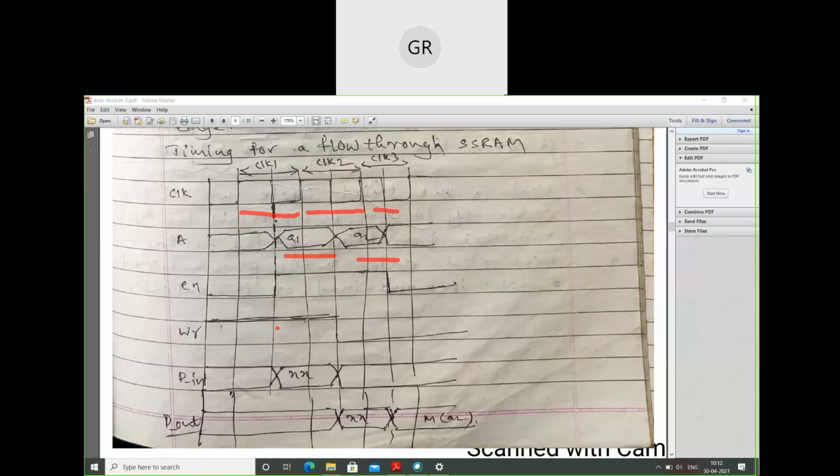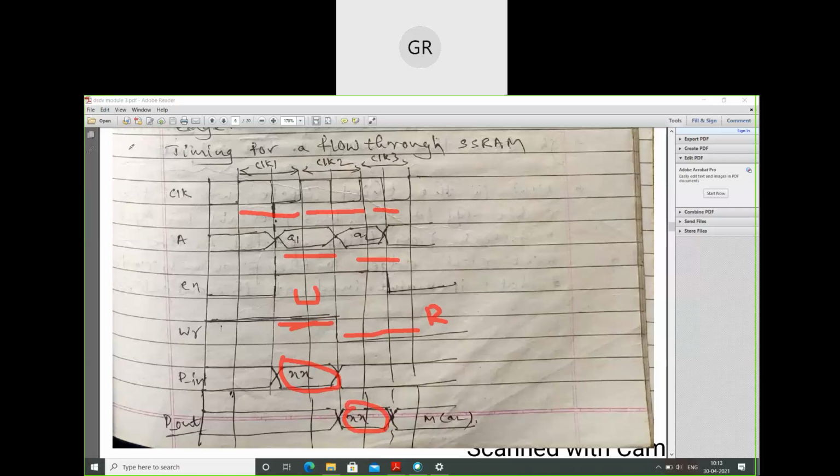That means the write operation is enabled. When the write signal is low, that means read operation. This one is read, this one is W, a write operation. The data in is stored in the registers. During the read operation, data is read directly to the data outputs of the memory.